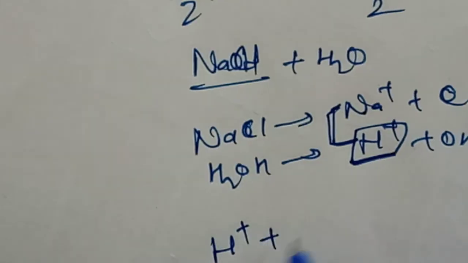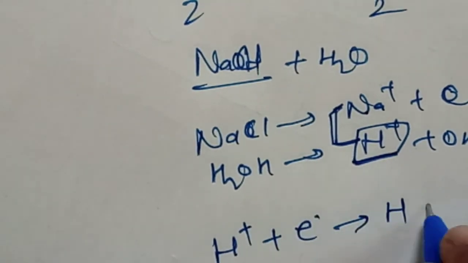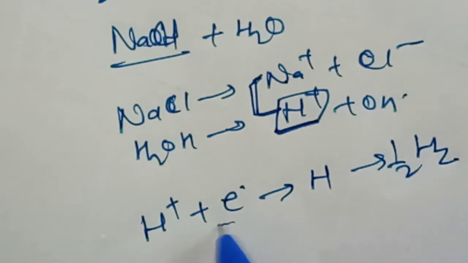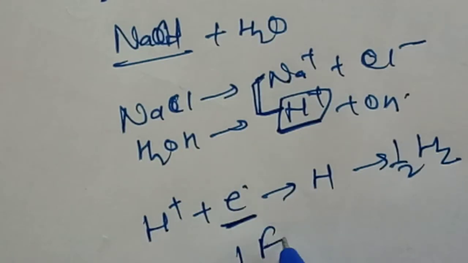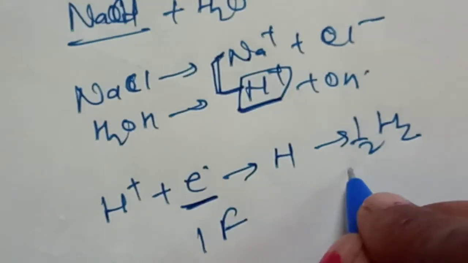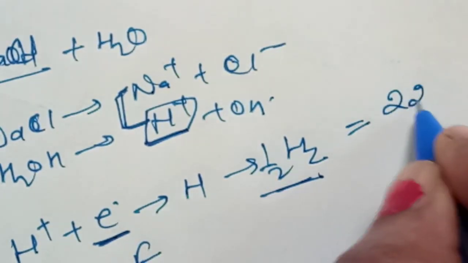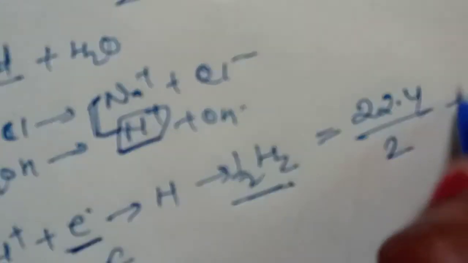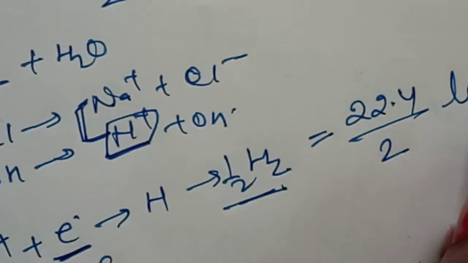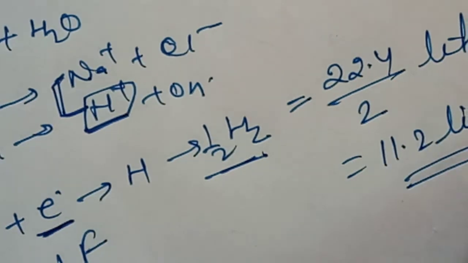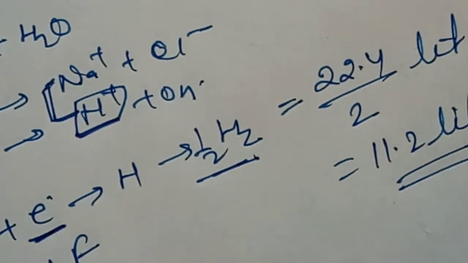H+ is reduced to make half H2. By 1 mole of electrons, meaning 1 Faraday charge, half mole of H2 is obtained. Half mole means 22.4/2 liters of H2 gas, meaning 11.2 liters are obtained at STP.